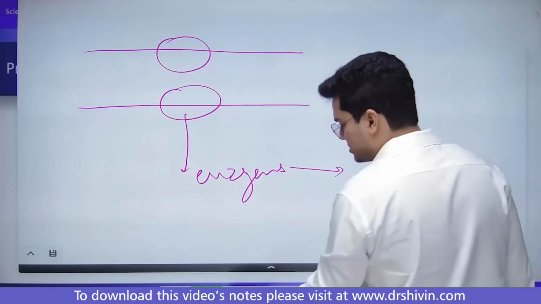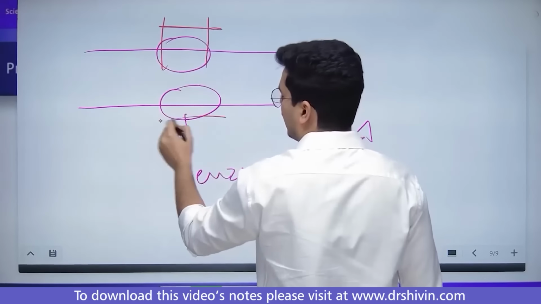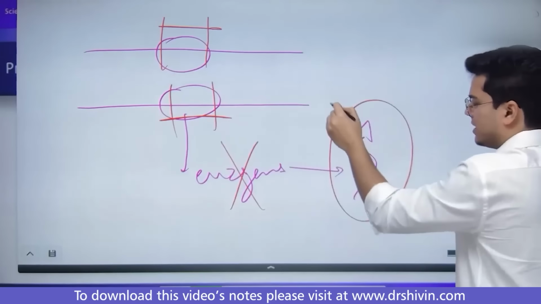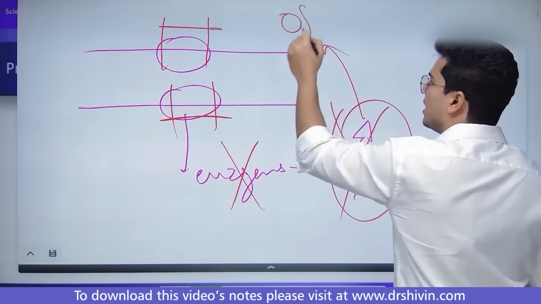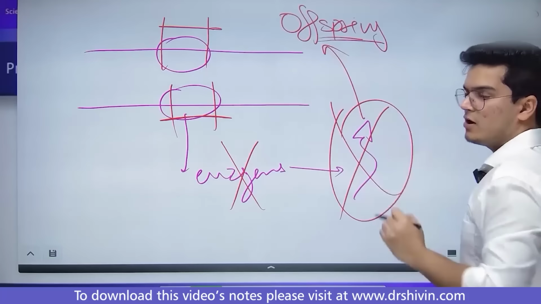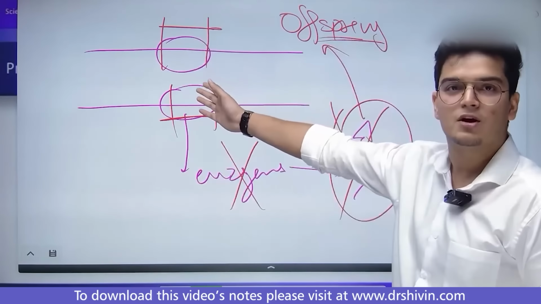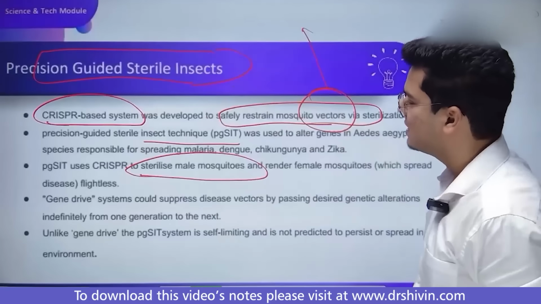So with CRISPR, I made a guide RNA and I made a cut. So now these enzymes will not form. So the mosquito is unable to form sperms, unable to reproduce, unable to form offspring or new mosquitoes. So this is one way to stop mosquitoes from growing: just stop them from reproducing. This is what was done in precision guided sterile insect technology.